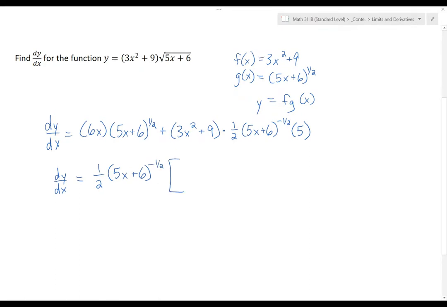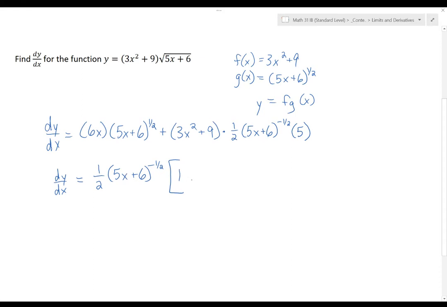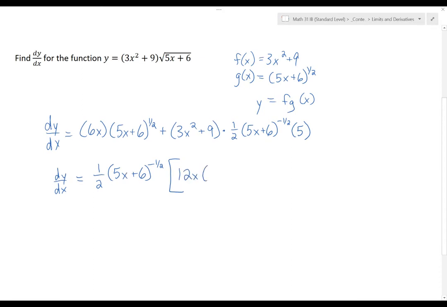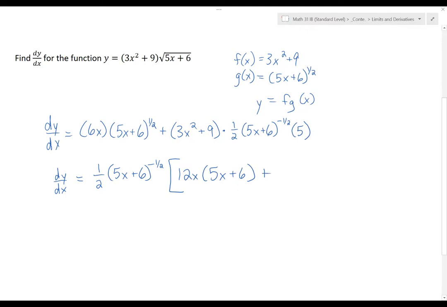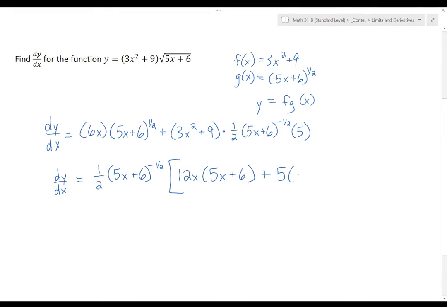And here is what I get when I divide by that. So 6x, I'm going to divide by 1/2. That gives me 12x. And 5x plus 6 to the power of 1/2 divided by 5x plus 6 to the power of negative 1/2 leaves me with 5x plus 6 to the power of 1. And then plus, I still have a 5, and I have 3x squared plus 9.